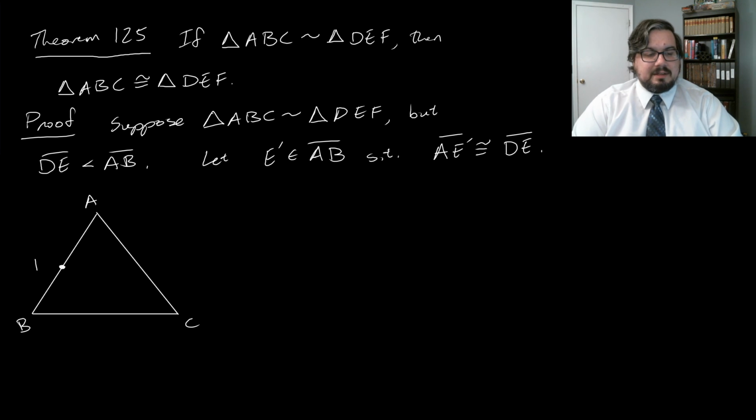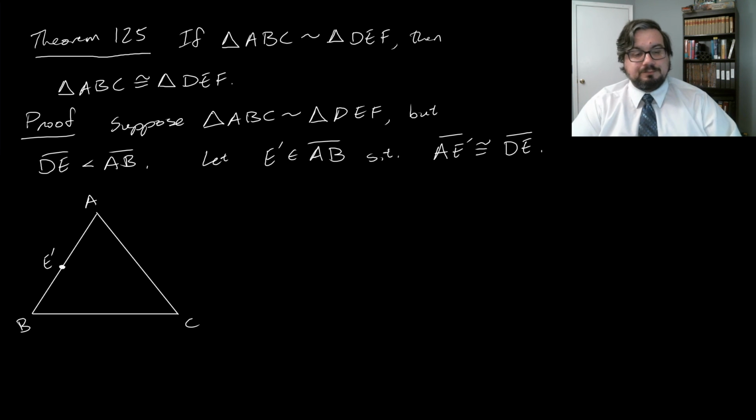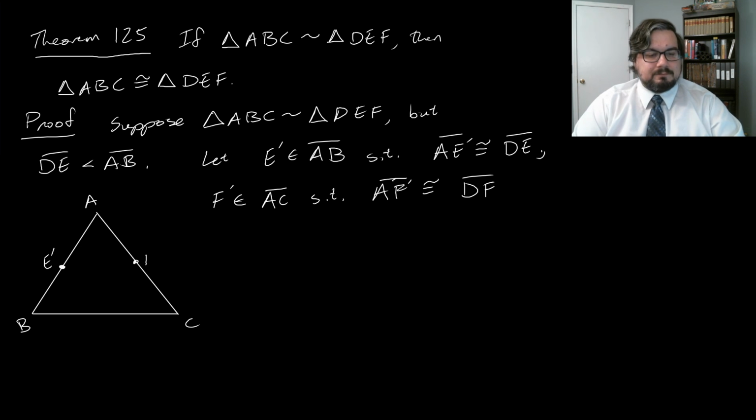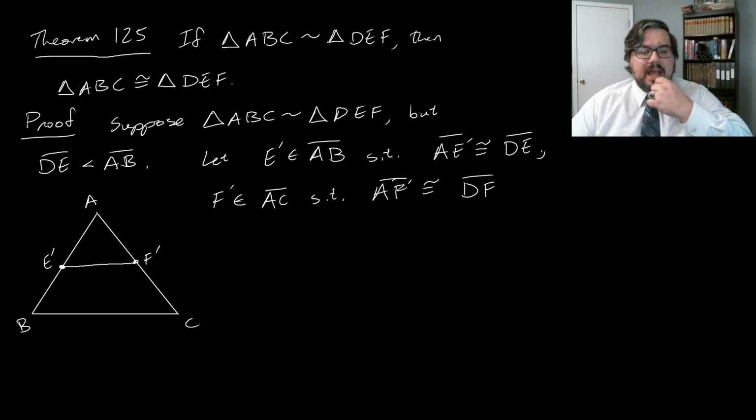So we've got the point E prime over here. And let's let F prime be in the segment AC such that the segment AF prime is congruent to the segment DF. Like this.